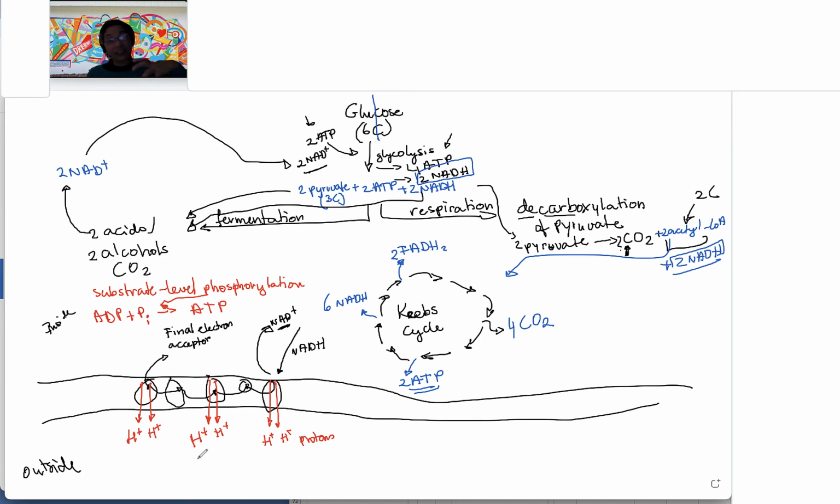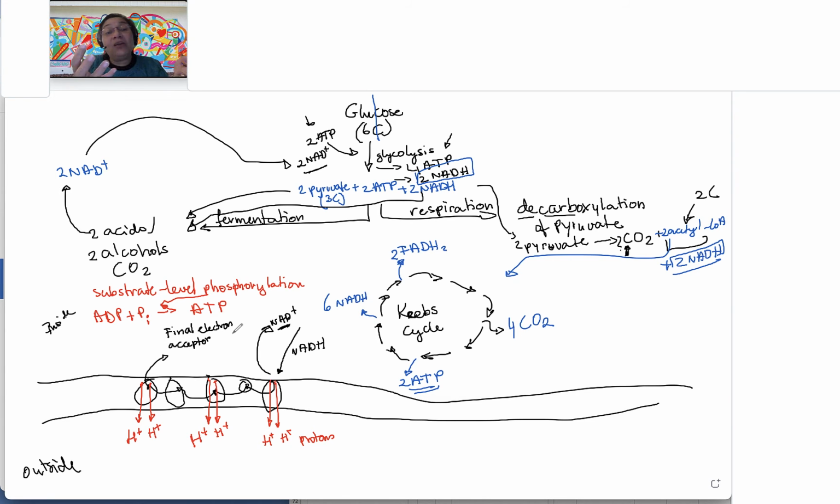So can you imagine that all these protons are going to be pumped to the outside, and really what you're going to get is what we call a concentration gradient. A lot of protons on the outside, very few protons on the inside, right? You also get a charge gradient, highly positively charged on the outside, relatively negatively charged on the inside.